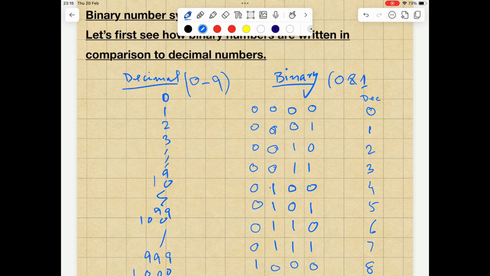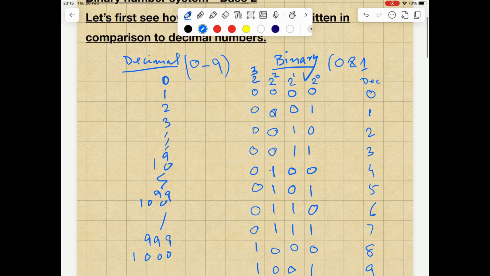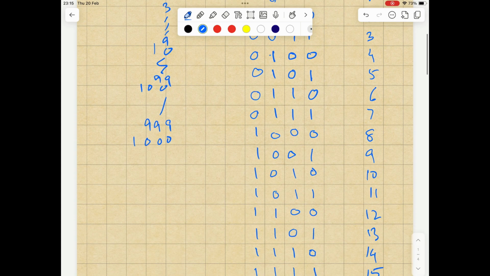Okay, how do we evaluate them, how do we convert them into decimal? See how they work. If we write at the first column 2 to the power 0, second column 2 to the power 1, third column 2 to the power 2, and the fourth column 2 to the power 3.